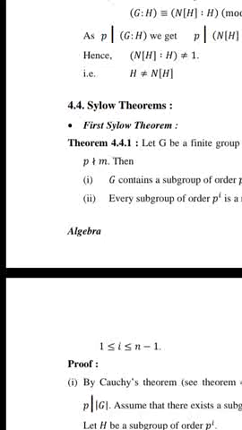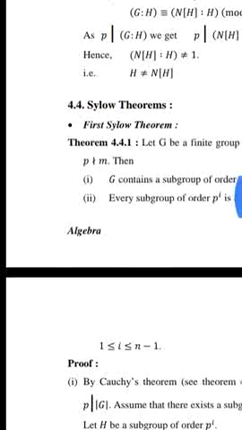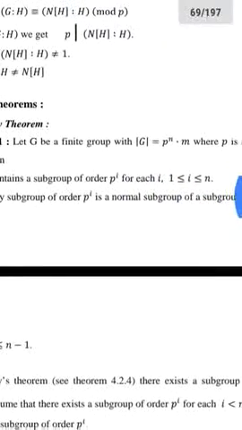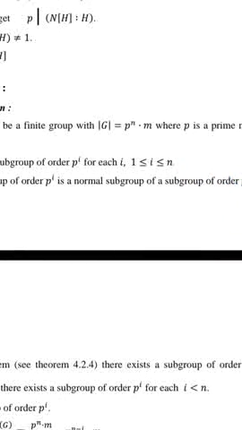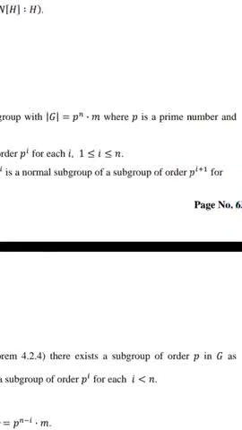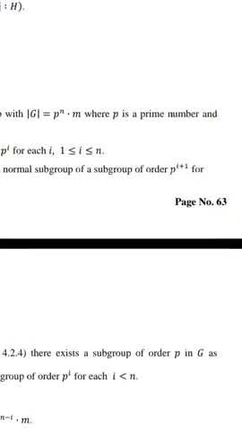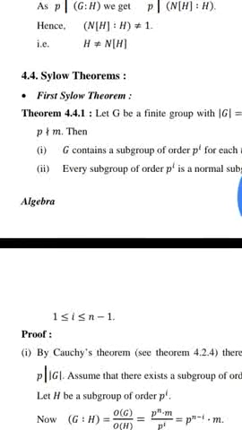We come towards the Sylow theorem, the first Sylow theorem. Let G be a group with order of G equal to p raised to n times m, where p is a prime number and p does not divide m.